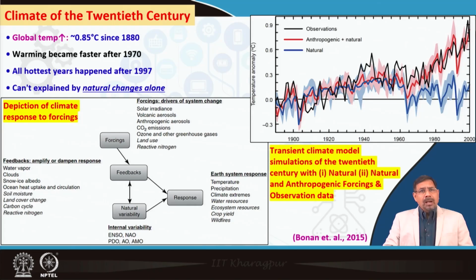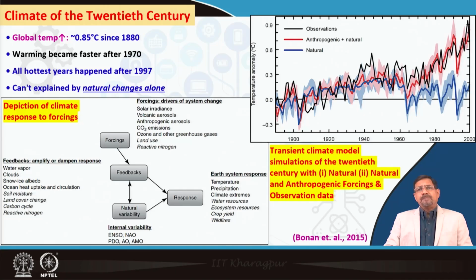So, global warming is happening, the average temperature of the earth is rising, and it has already risen by 1.23, as I just mentioned. Now, warming became faster after 1970. If we take a look at the right hand side figure, it depicts 1880 to 2000, and the red one talks about both anthropogenic and natural, and the blue one talks about the natural.